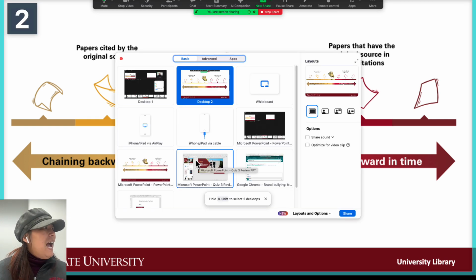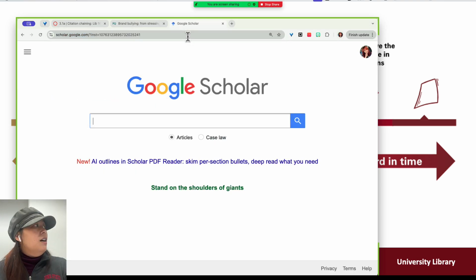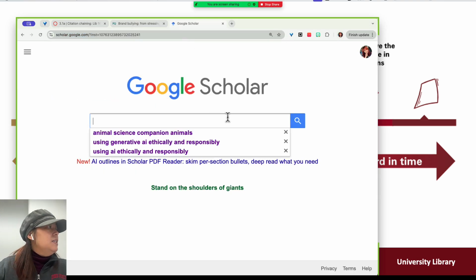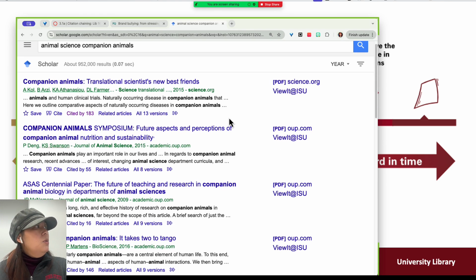Now, how do you citation chain forward and backward? I'm going to go into Google Scholar. I'm going to just pick this, Animal Science Companion Animals. You see how this first one says it was published in 2015. Google Scholar has this link that says cited by. What that means is, here's my original source.